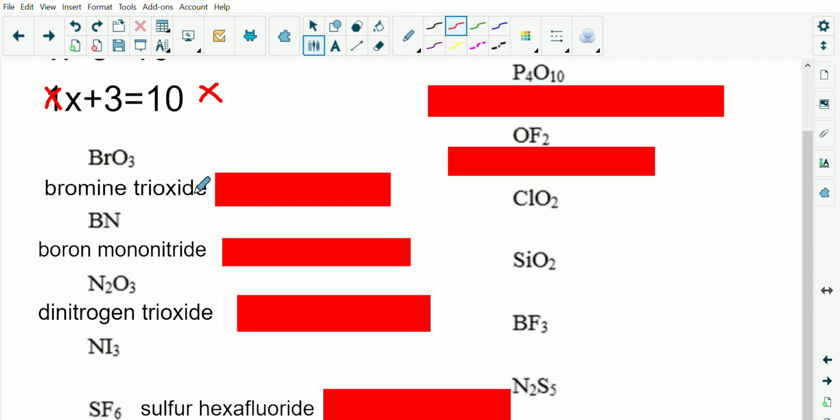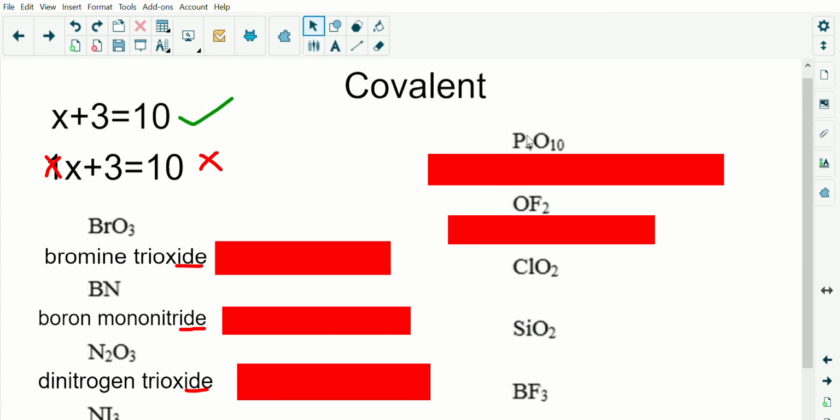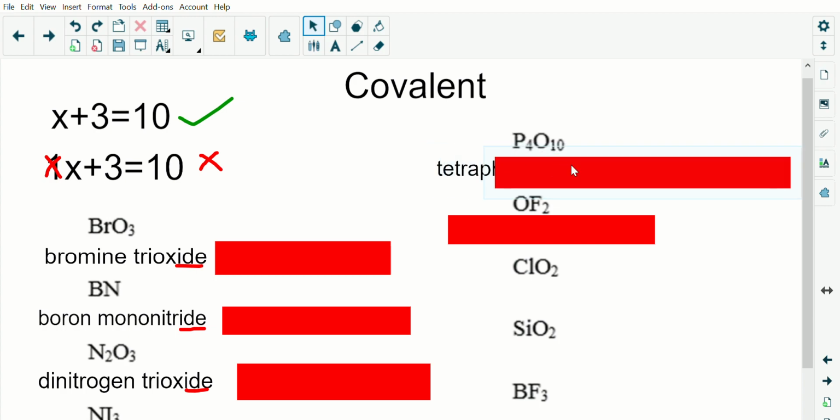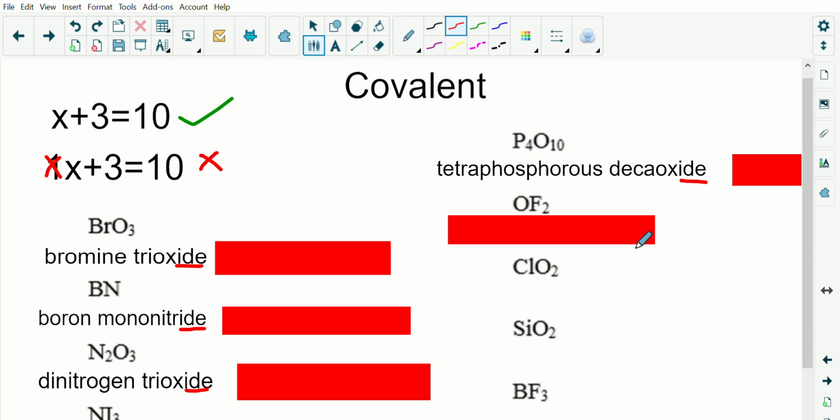As you can see, ide, ide, ide, ide. And if we go over here, this one will be 4 phosphoruses, which is tetraphosphorus, and then decaoxide. Again, ide.